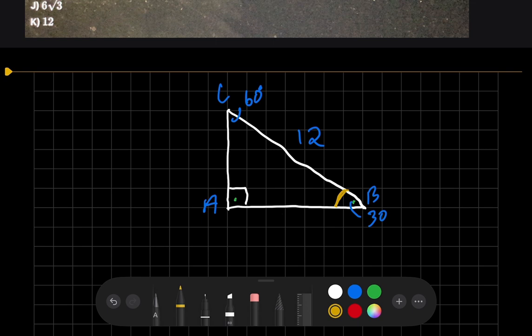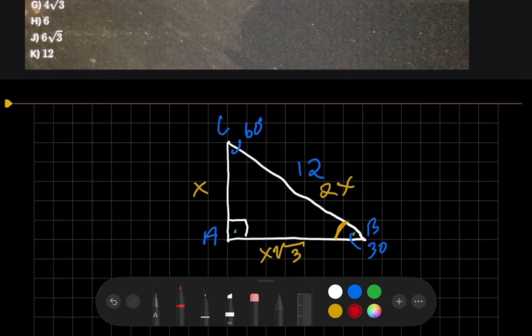So if this is 30 degrees, this will be the shortest side. And for 30, 60, 90 triangles, the hypotenuse is 2 times the shortest side. And the other side is this length times the square root of 3.